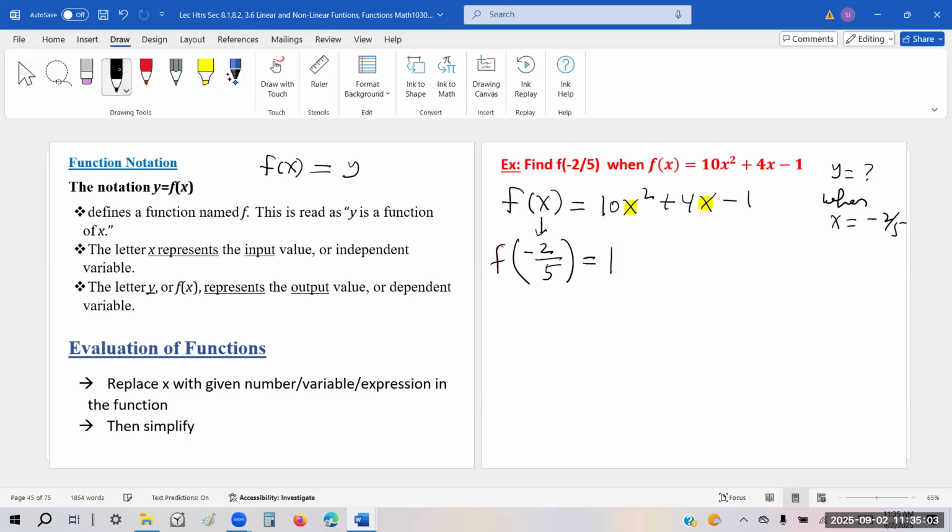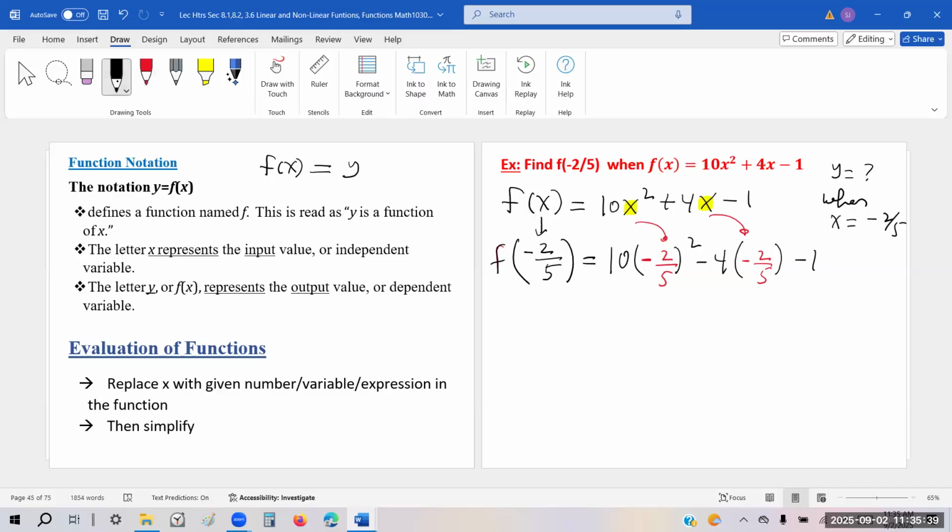So we have 10x squared minus 4x minus 1. But we're not going to write x anymore because they told us our x. What is our x? Negative 2/5. So every time you replace your x, use parentheses. You're not going to make a mistake if you do that. But if you don't put parentheses, you're going to make a mistake. Any questions so far?